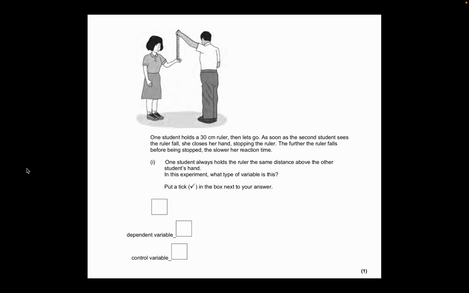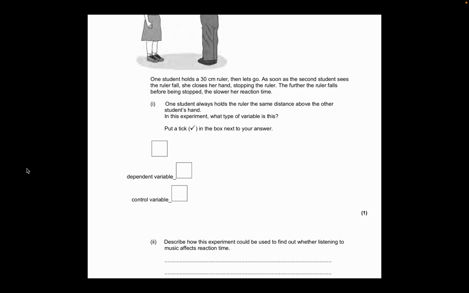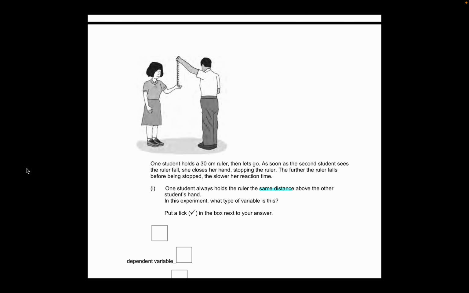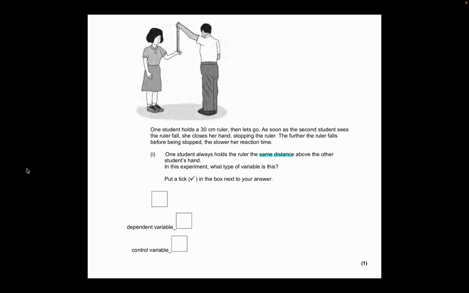So read the question carefully. One student always holds the ruler the same distance above the other student's hand. Now, the key words here are the same distance. This means that they're controlling something, meaning that they're keeping something the same. So that refers to the control variable. I think this box would be the independent variable.